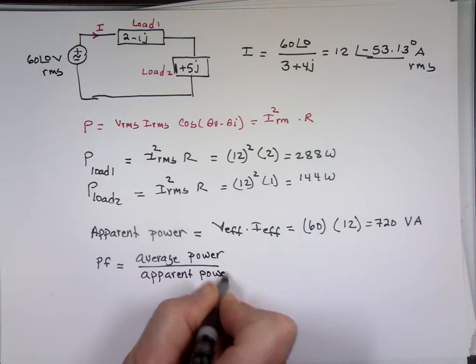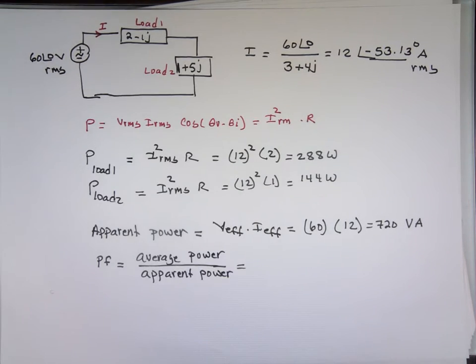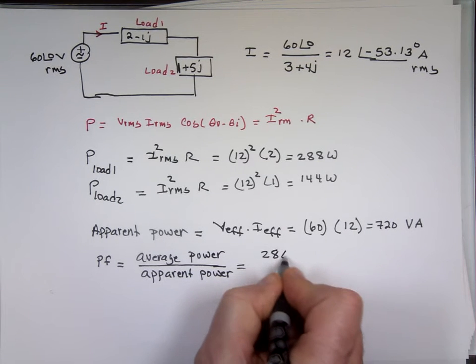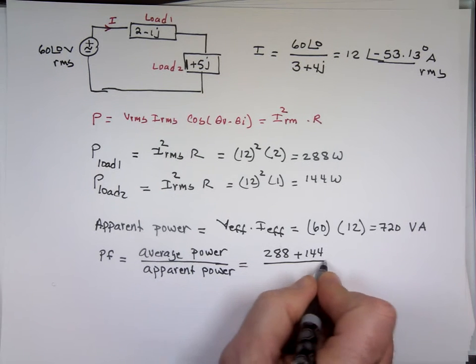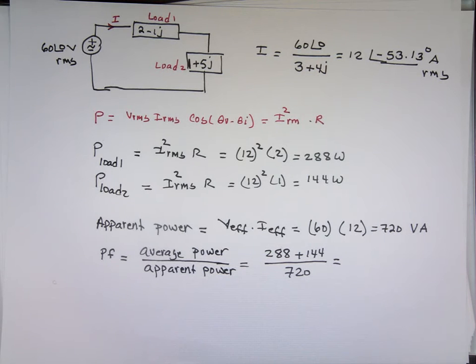How much power was supplied to both of these together? 288 plus 144. And what was the apparent power? 720. So let's see if we have a calculator for that. 288 plus 144, 432, divided by 720.